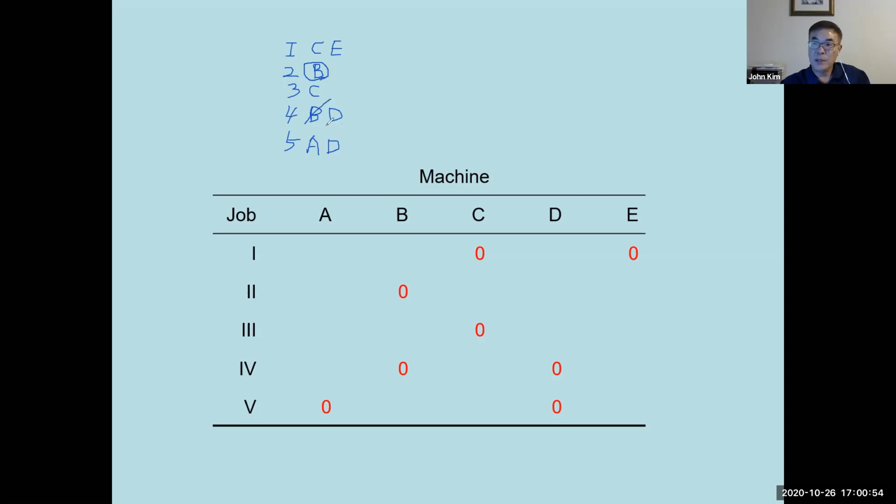So assign, then not available, and then assign only one available, then not available, then assign. So job 1 assigned to E, job 2 assigned to B, job 3 assigned to C, job 4 to D, job 5 to A.